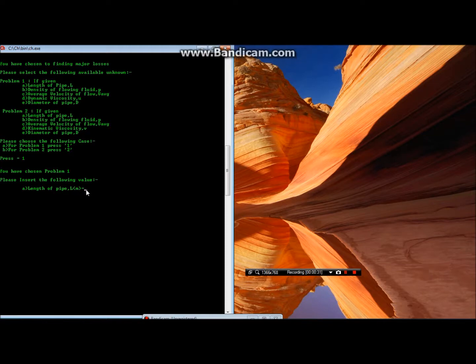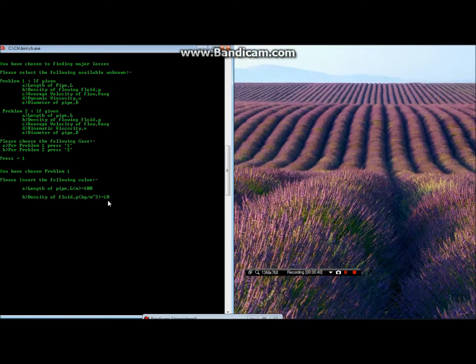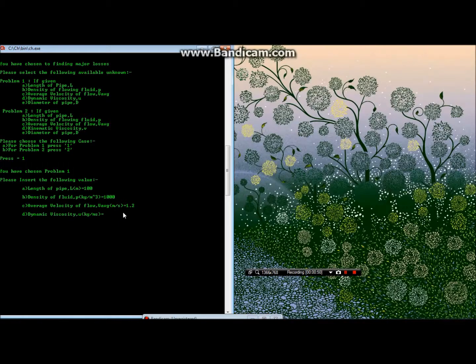Please insert the following values. For example, for length, I enter 100. For density, 1000. For average velocity, 1.2. And dynamic viscosity, 0.3. And diameter of pipe, 10.